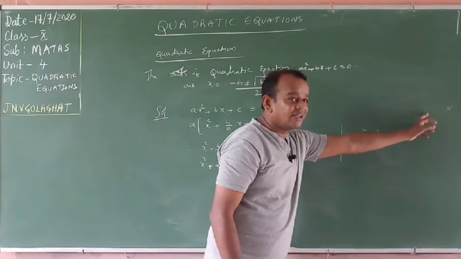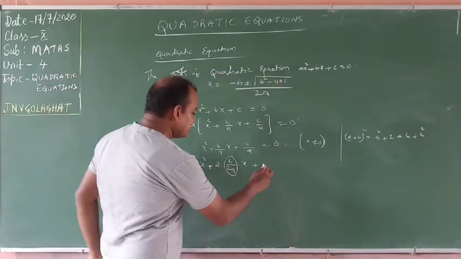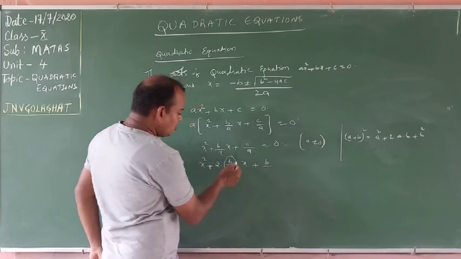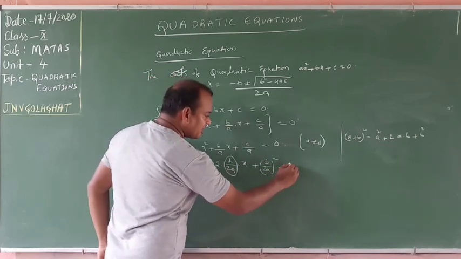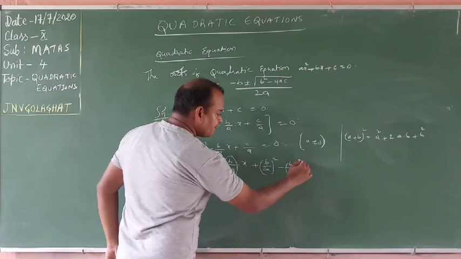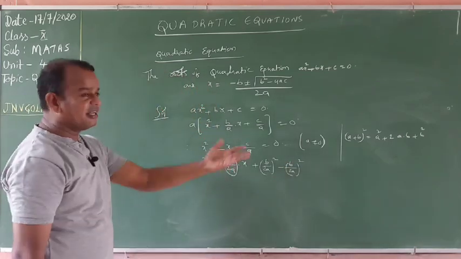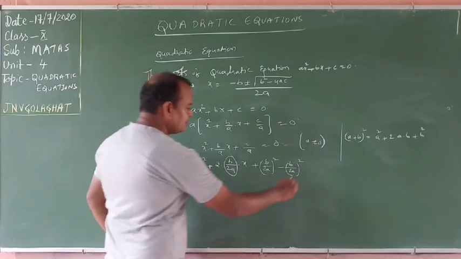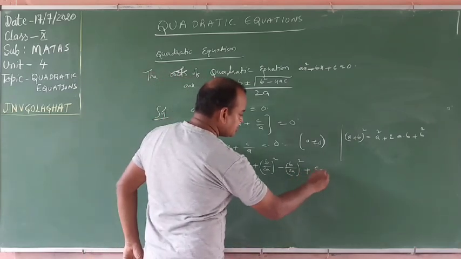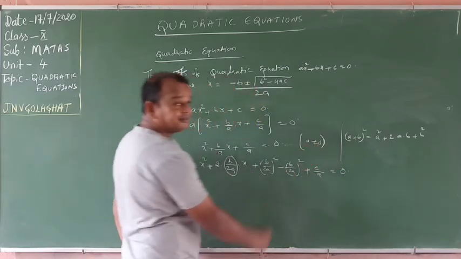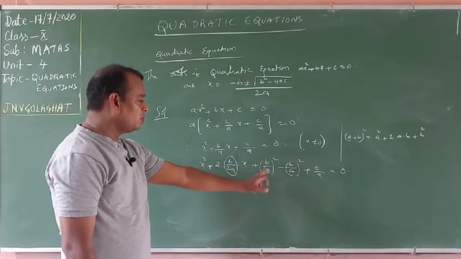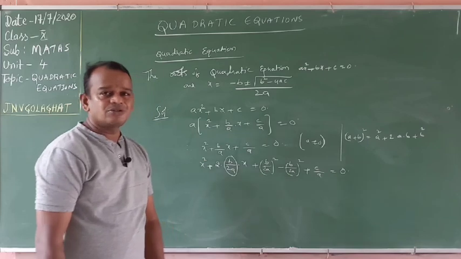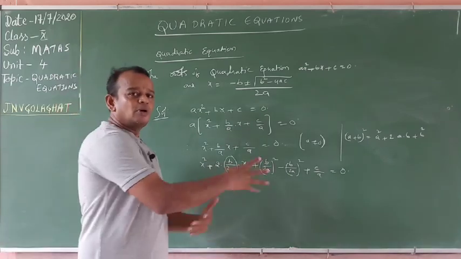Now adding b by 2a whole square and subtracting b by 2a whole square, plus minus cancel. The remaining term is plus c by a is equal to 0. Understand? There is no change in the above equation.